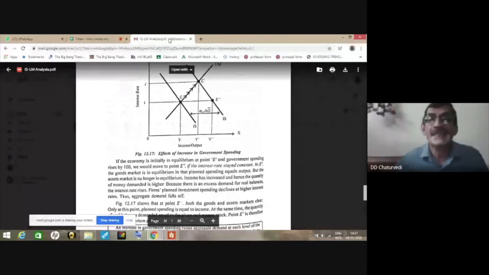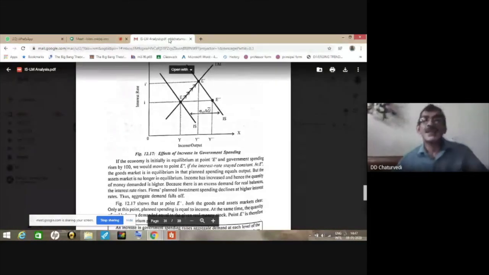There is excess demand for real balances. Students, you remember that whenever we reach any point which is to the right of the LM curve, there is excess supply of money. And because of this, there is a rise in the interest rate.